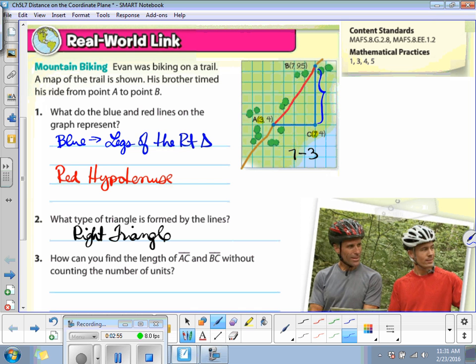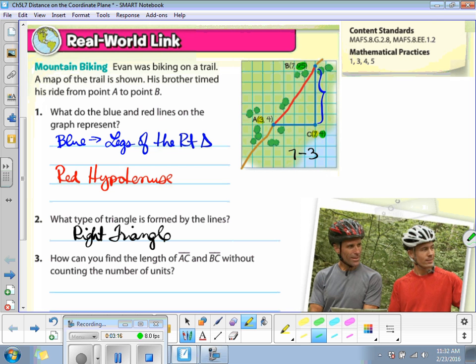For that distance right there, the up and down movement on the coordinate plane is the y value. The y coordinate is the second one. Does everybody see that?